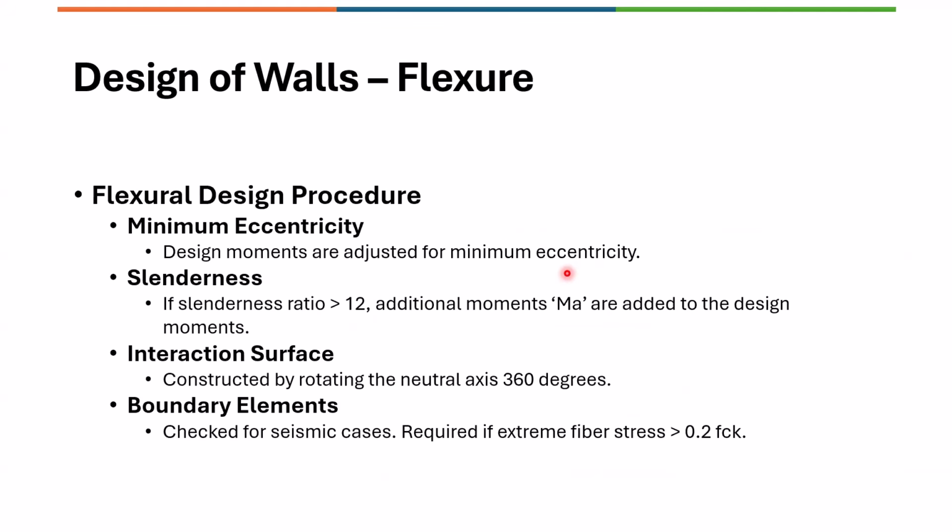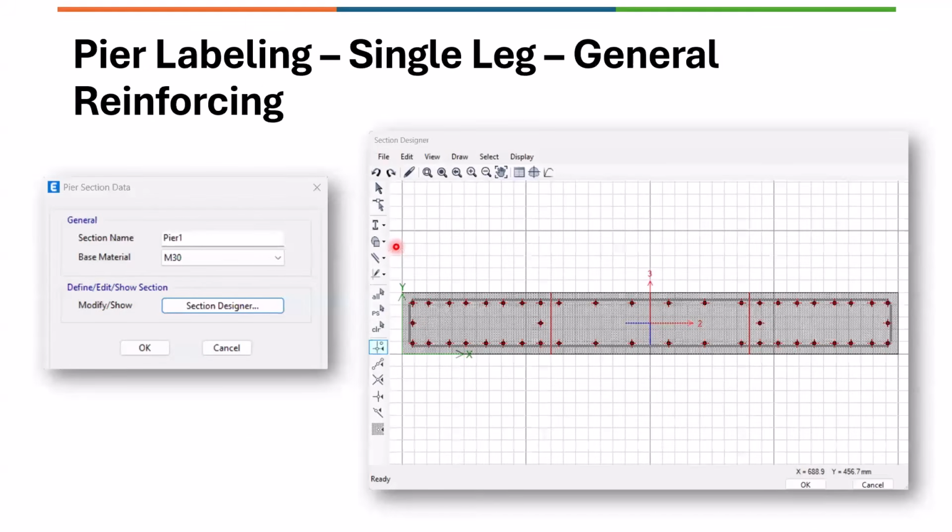So the design procedure considers minimum eccentricity, slenderness, the interaction surface generation, full 360, and boundary element requirement checks for seismic cases. If it is a single leg or a rectangular section, this is for the general reinforcing. The uniform reinforcing is something you can specify.